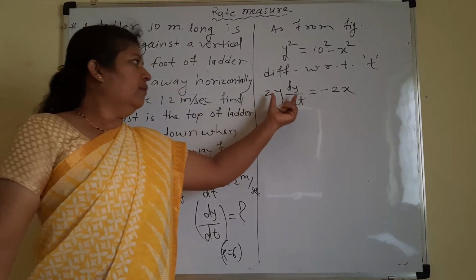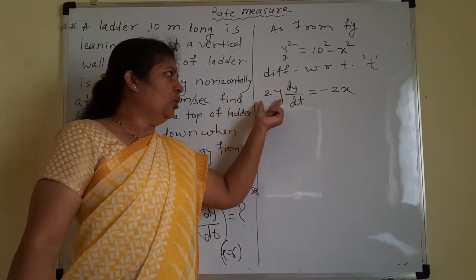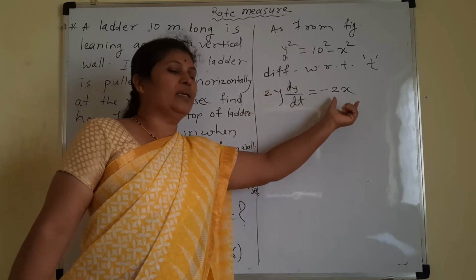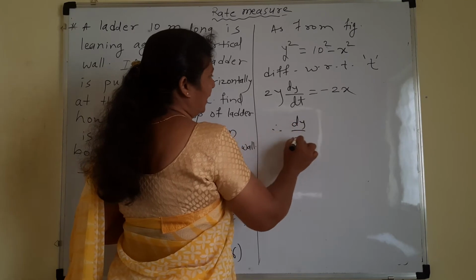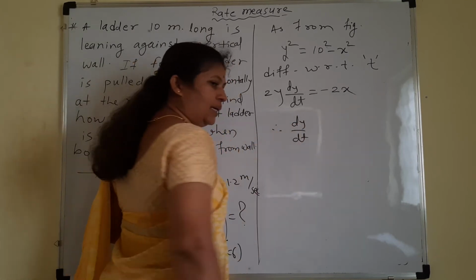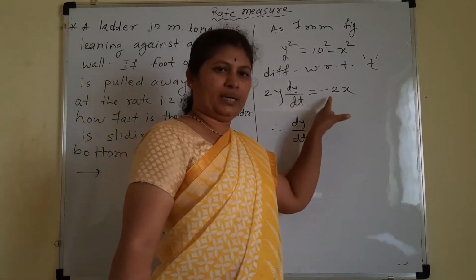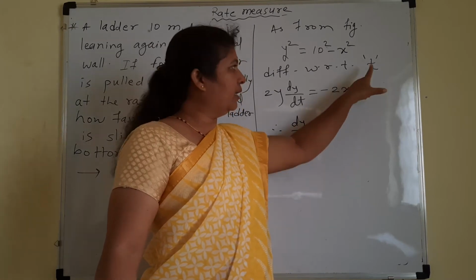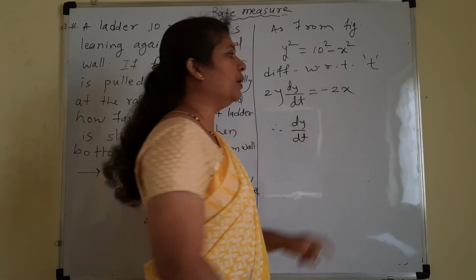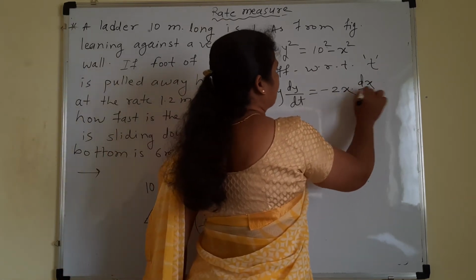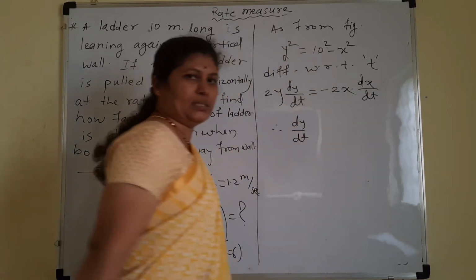Is this derivative completed? x is also a variable. We are differentiating this with respect to time. So it is not completed. This must be multiplied by dx by dt. Okay, now it is completed.